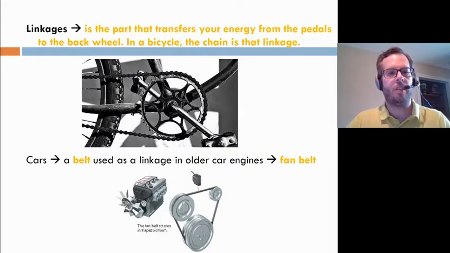Okay, so linkages. A linkage is the part that transfers the energy from the pedals to the back wheel. On a bicycle, the chain is the linkage. So a linkage is basically the part in between the two subsystems that transfers the energy or the force. In cars, a belt is used as a linkage, and in an older car, even the fan belt.